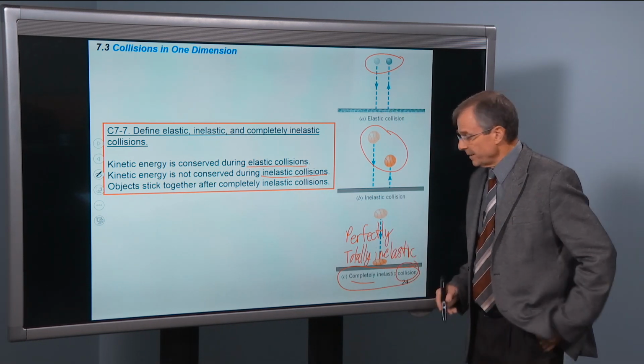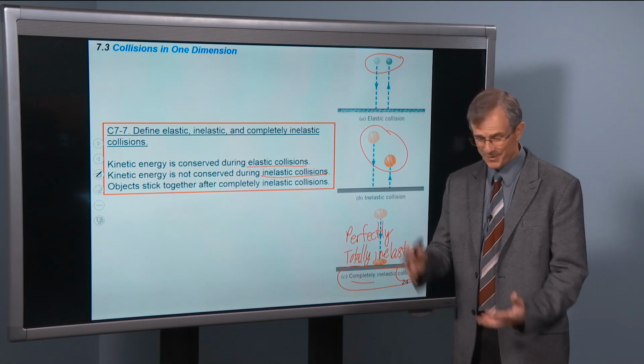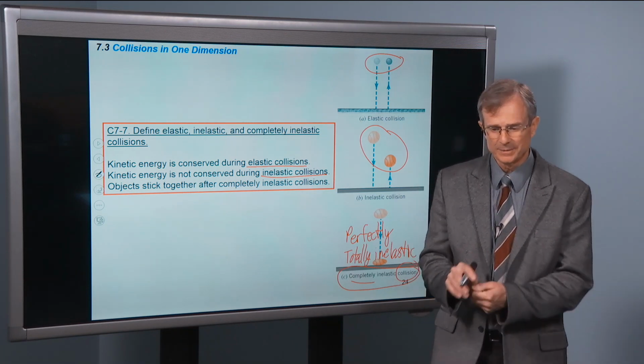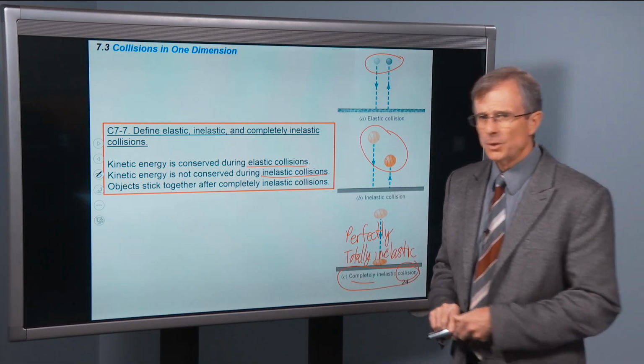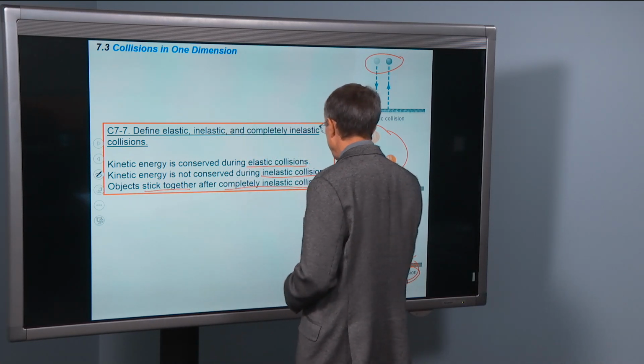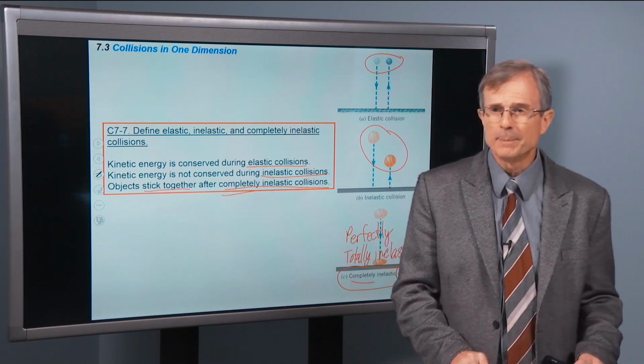But the bottom line is it's complete. The energy is lost. They stick together and there's no more kinetic energy after it's done. So when the objects stick together, that's called a completely inelastic collision. Our textbook uses the word completely, so we'll stick with that.